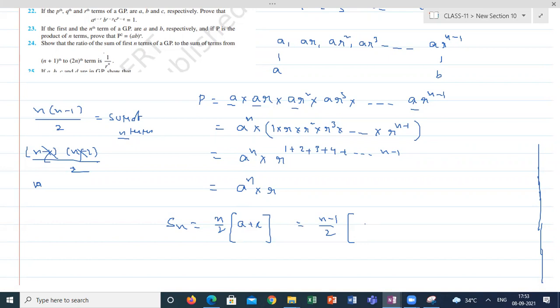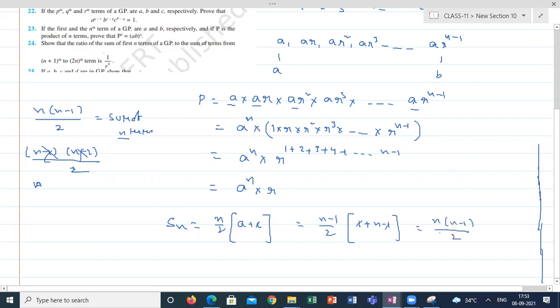I'm taking only the power of r. A is 1, plus n minus 1, the 1 cancels, so n into n minus 1 by 2.